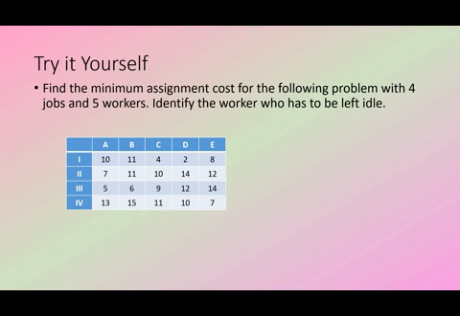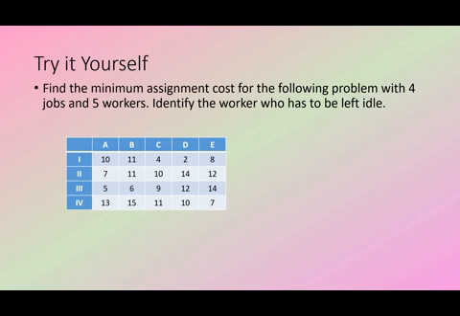Now, time to test yourself. We'll take a problem which you will solve and post your answers in the comment section. So the problem is, find the minimum assignment cost for the following problem with 4 jobs and 5 workers. How many jobs are there? 4. How many workers? 5. So is it balanced? No. Unbalanced problem.